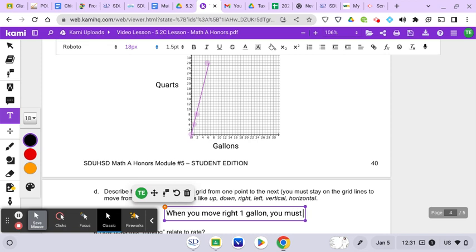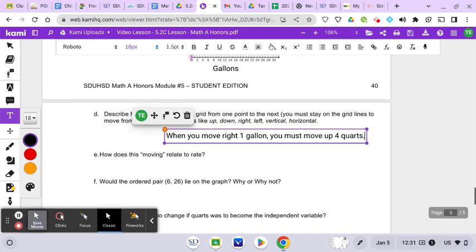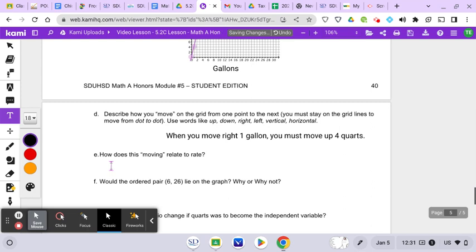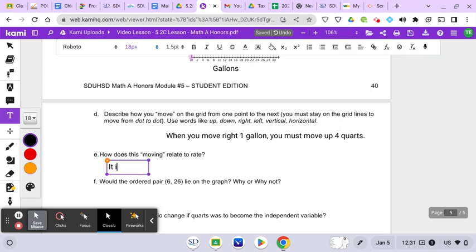You must move up 4 quarts. How does this move relate to the rate? It is the same as the rate. Excuse me, 4 quarts per gallon.